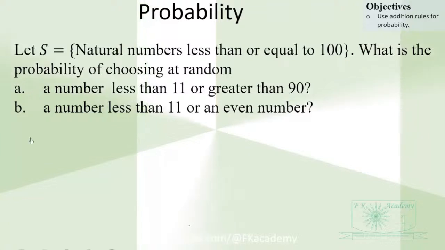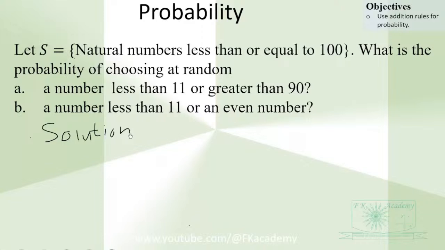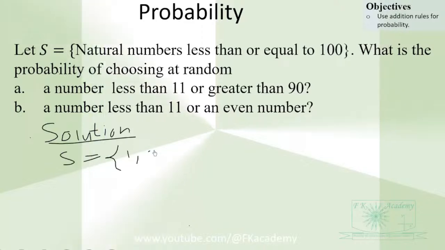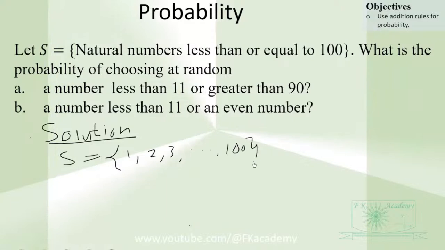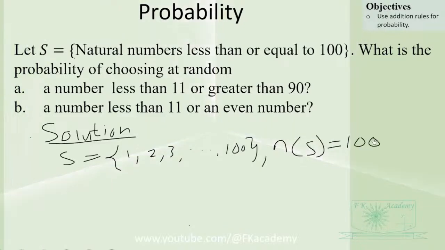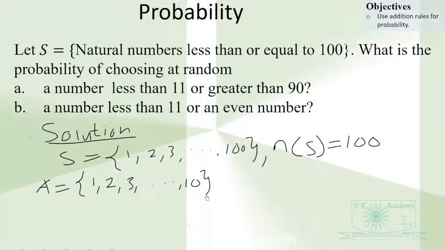So S will have elements 1, 2, 3 up to 100. This implies that the number of elements in this sample space is 100. Now we want to find the probability of choosing a number less than 11, and the number of elements in this set will be 10.